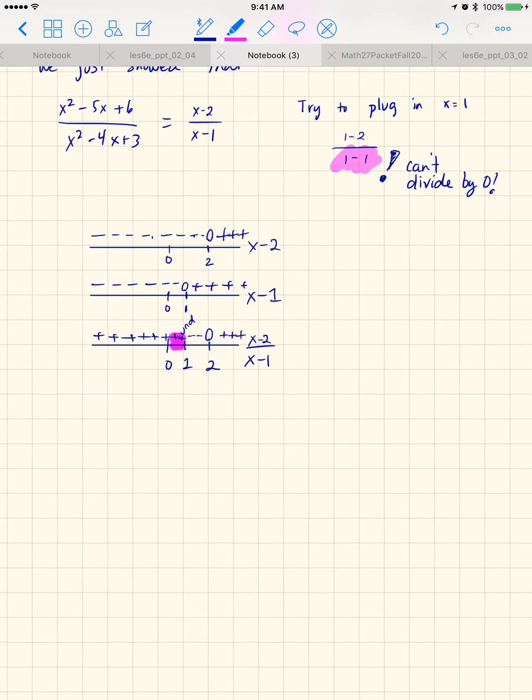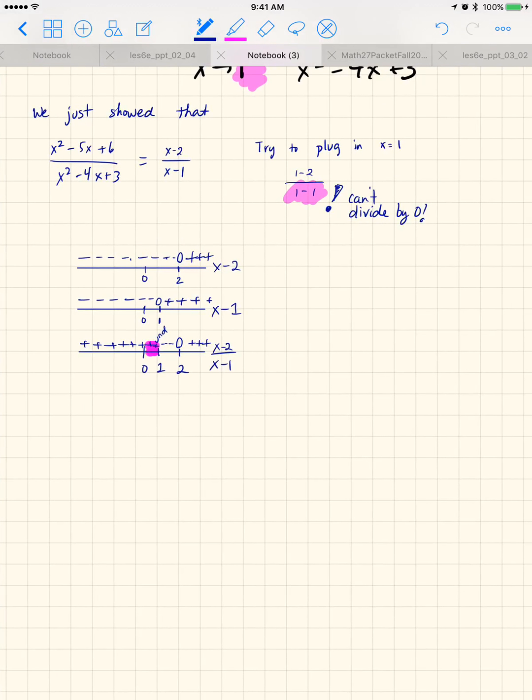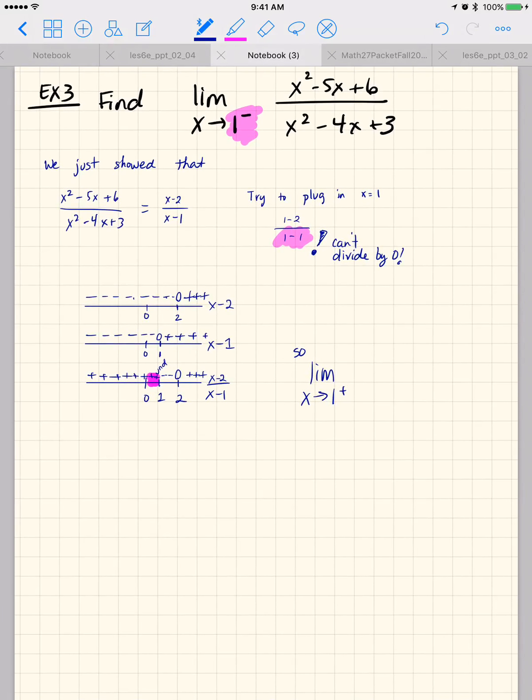So it must be plus infinity. The limit as x approaches 1 from the left equals plus infinity.